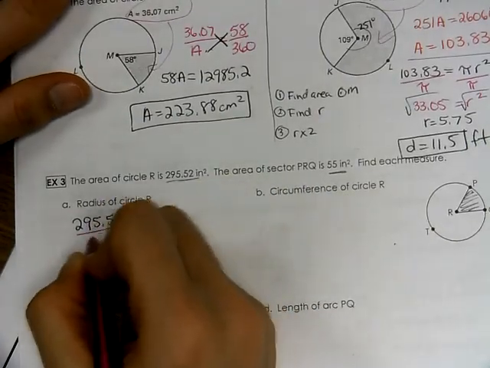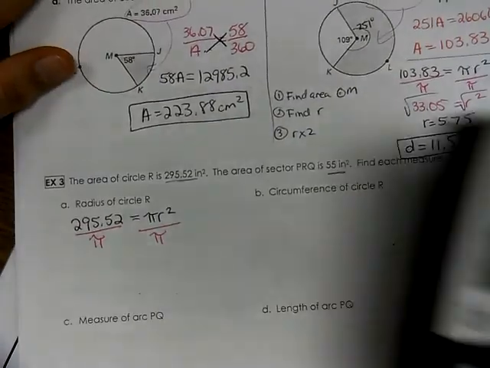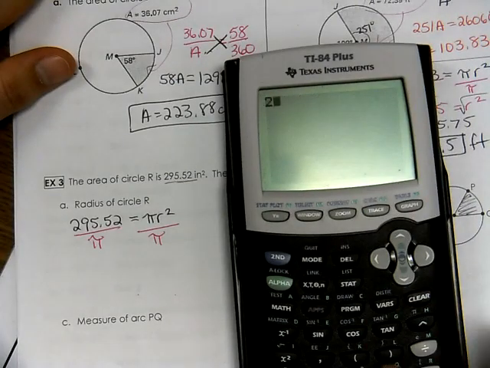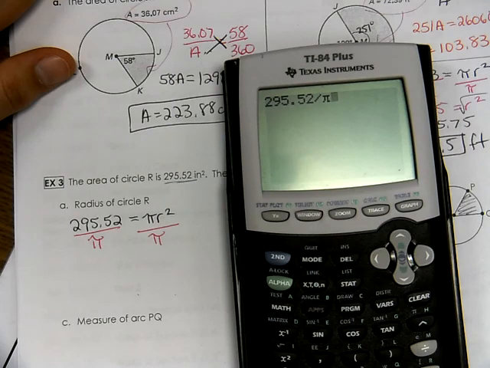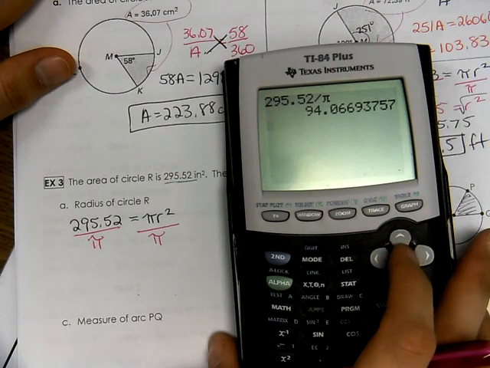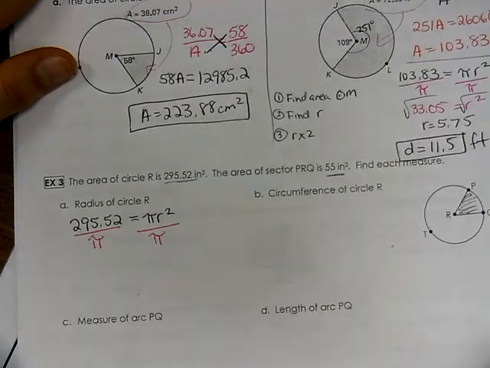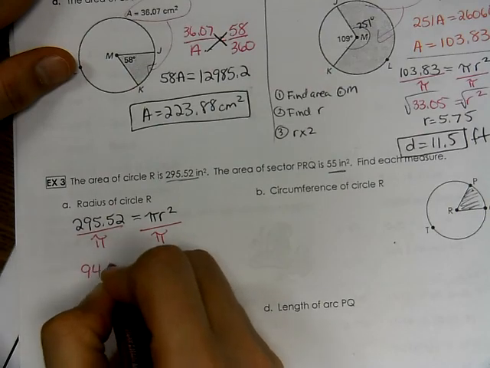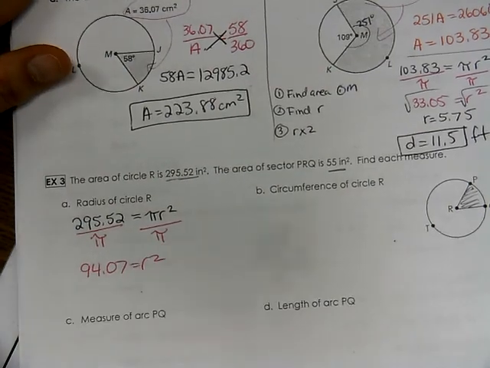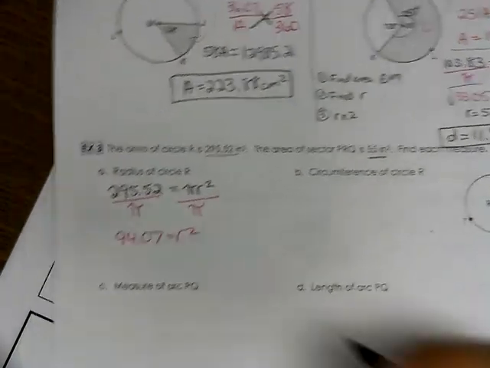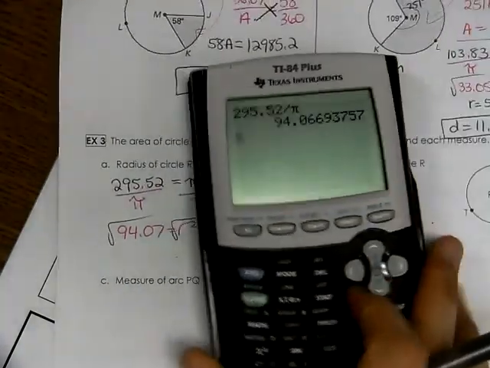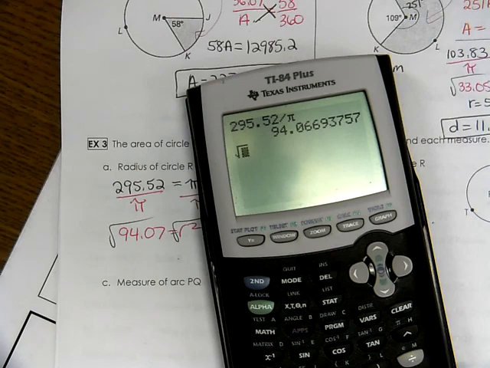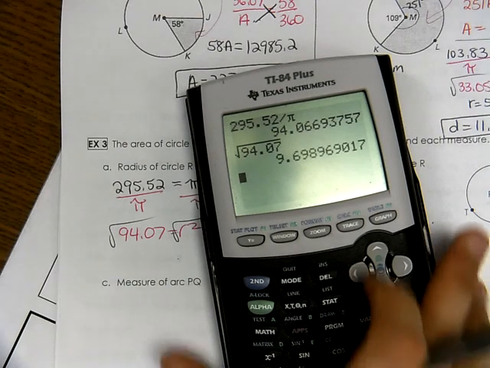So divide by pi. 94.07. And then take the square root. 9.7.